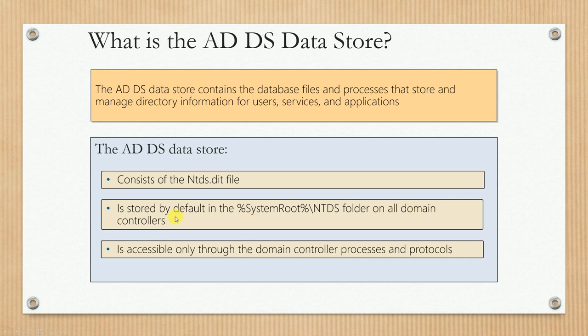So wherever you go in a domain controller, you can find the system root directory and the ntds folder. It is accessible only through the domain controller processes and protocols.